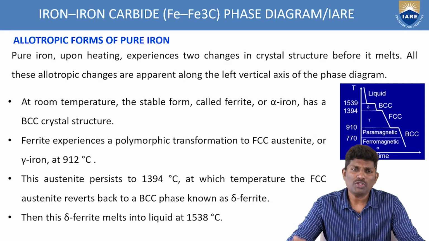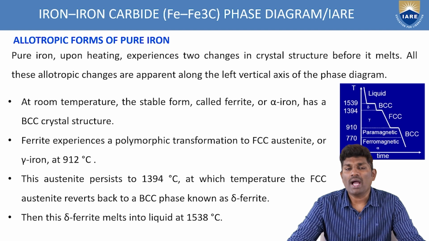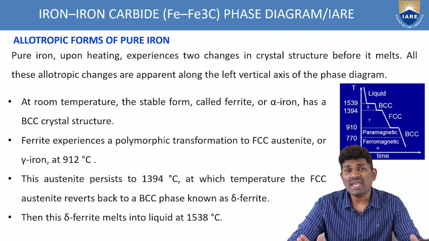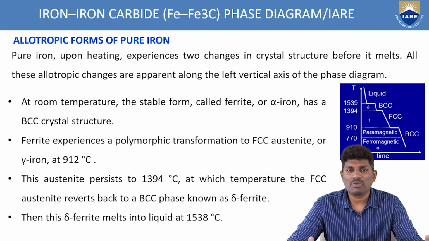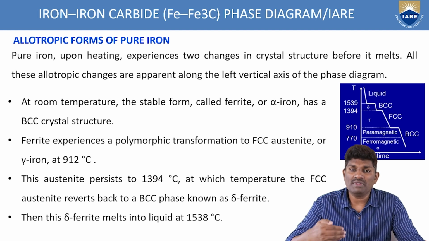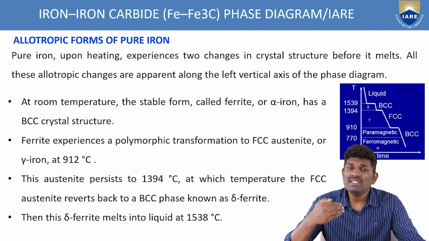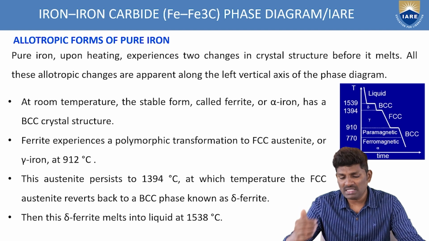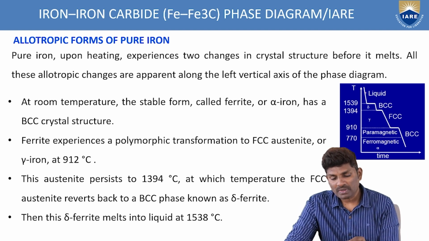Allotropic changes are nothing but the pure iron changing its crystal structure during heating. At one state you have one type of crystal structure, at another state you have another type, and again it comes back to the original. Like this, different types of crystal structures are formed before the melting state of the pure iron. All this can be reflected on the left vertical axis of the phase diagram, and if you see this figure, you can observe clearly how it is changing.